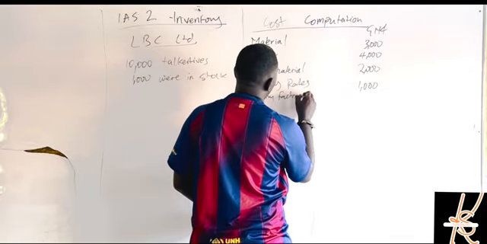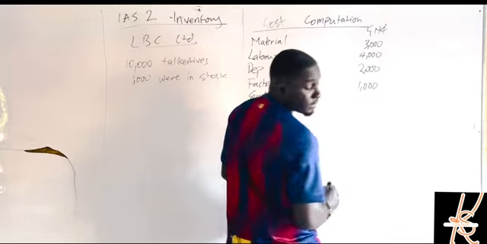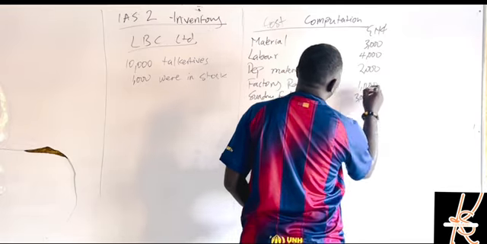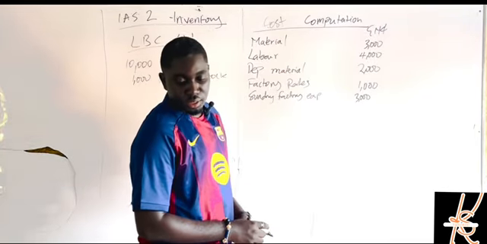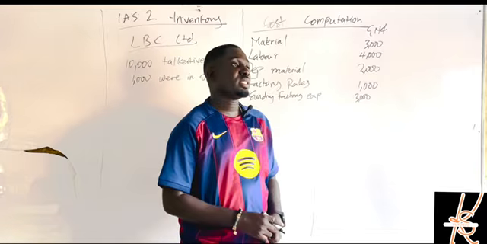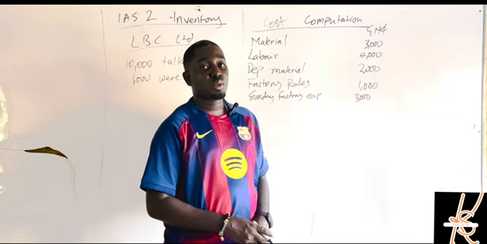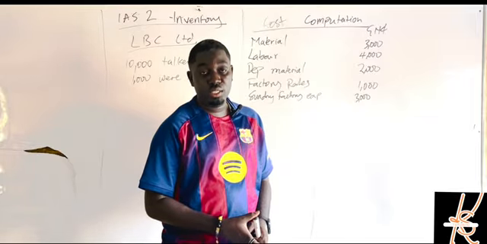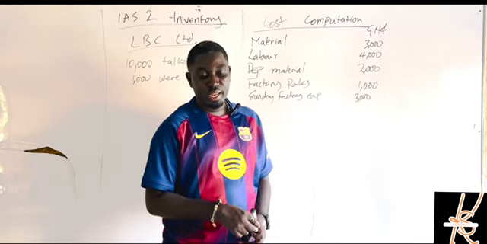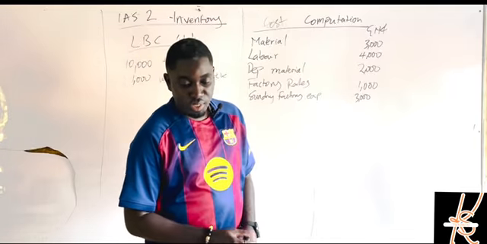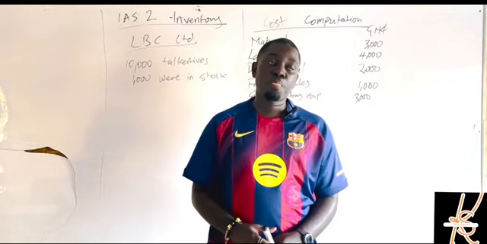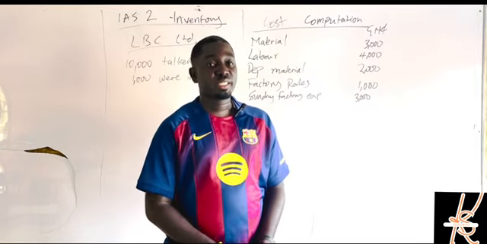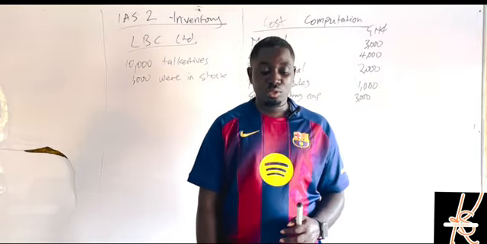That's 3,000 Ghana cedis. Selling expenses cannot be added to the cost because they are incurred after we have produced, but we are calculating expenses incurred before production. Expenses at head office, which are administrative expenses, are also not directly attributable to the product, so they cannot be added to the cost.